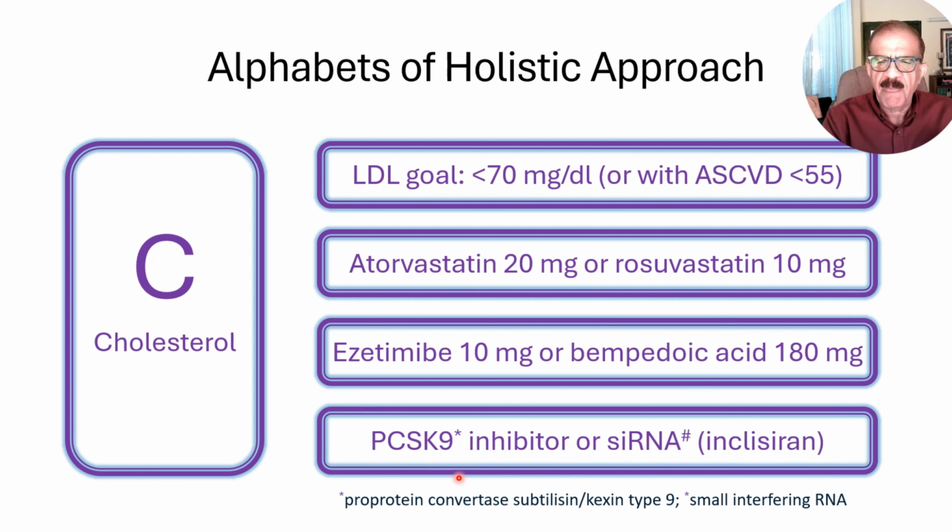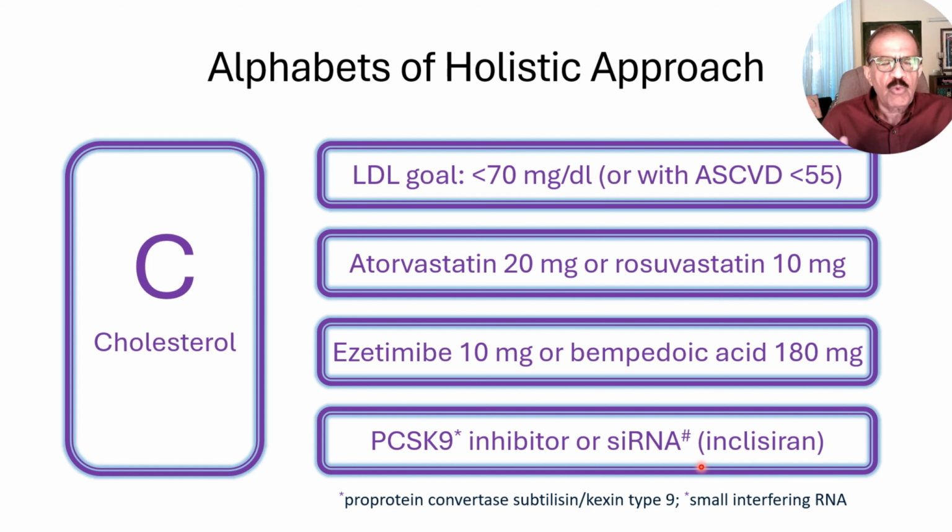Then for some individuals, those who do not tolerate statins, but these 2 drugs are relatively milder as compared to statins, for them we have 2 more potent drugs, PCSK9 inhibitors. These are in the form of injections, and then this small interfering RNA, this is inclisiran, this is available in our country. So either of the 2 can be used, but they are in the form of injection and very, very expensive.